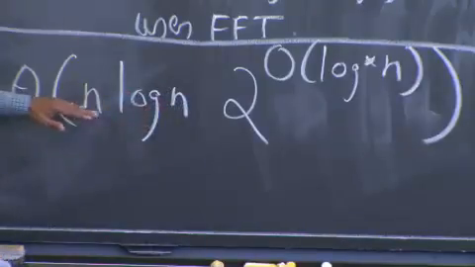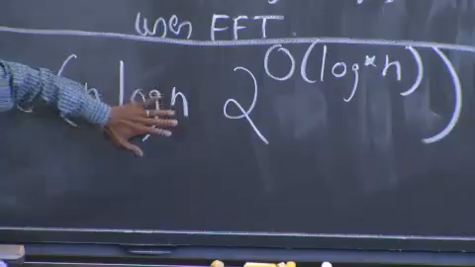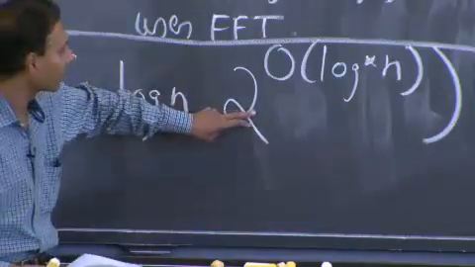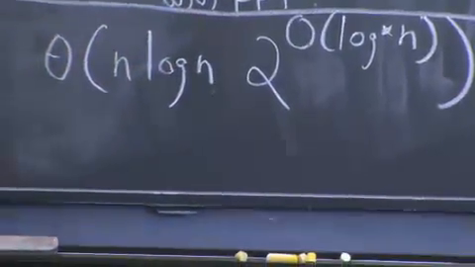Okay, so what does this mean? This part is clear, right? This is like sorting. It doesn't really use sorting, but that's n log n. And then you have this 2 raised to big O log star n. I need to define what log star n is.